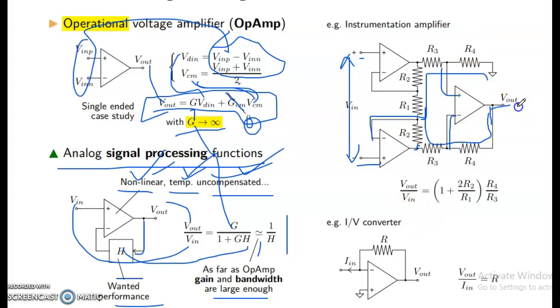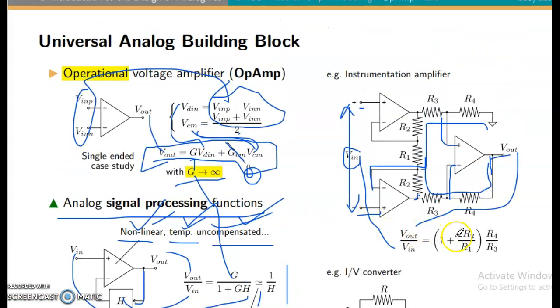V out divided by V in, output voltage divided by input voltage, equals 1 plus 2 times R2 divided by R1, then multiplied by R4 divided by R3. Okay.